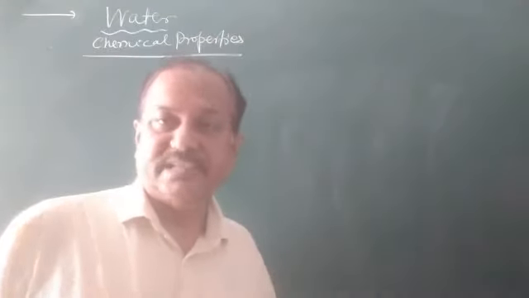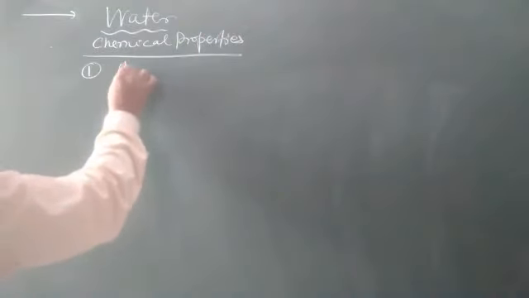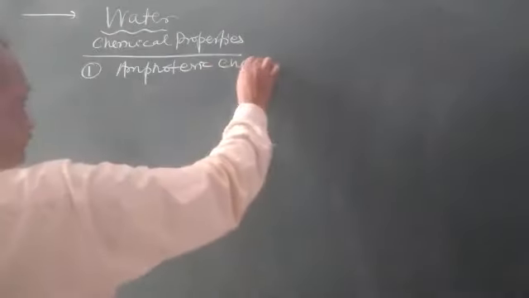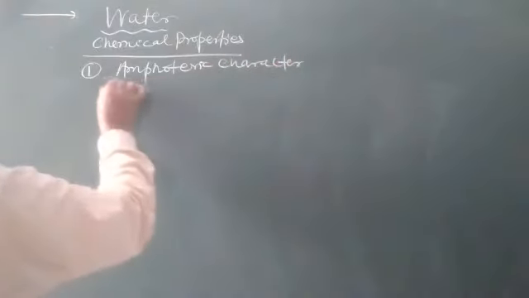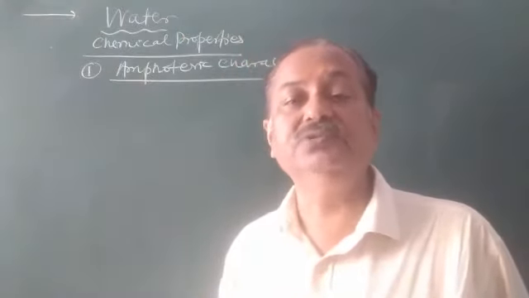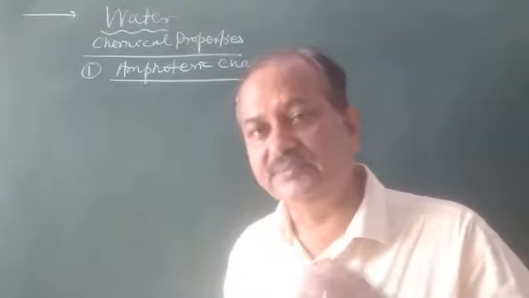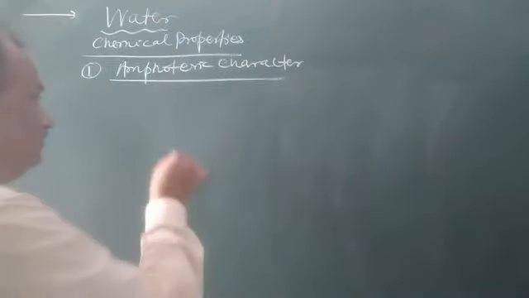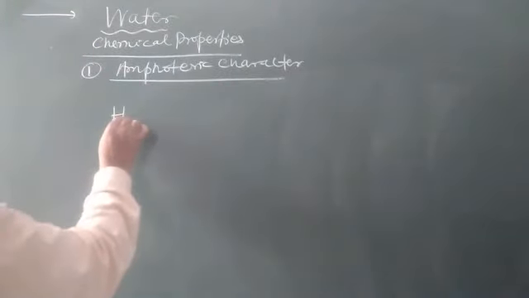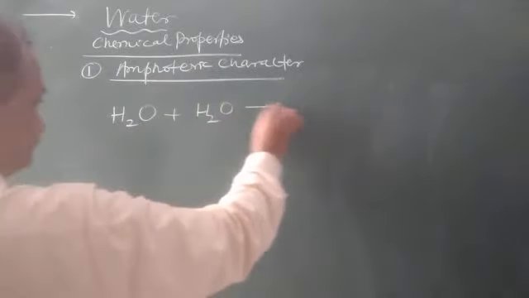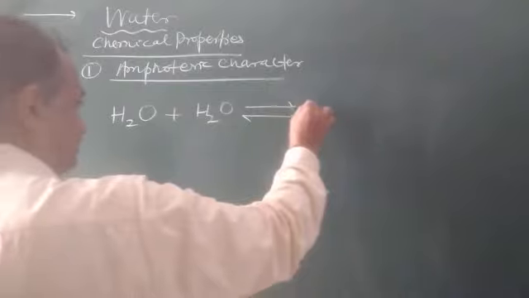Now I am coming to the chemical properties of water after the physical properties. First is amphoteric character. Amphoteric character means acidic as well as basic. When both acidic and basic characters are exhibited by a substance, it is called amphoteric. See how: take 1 mole of water and another mole, and see the reaction.